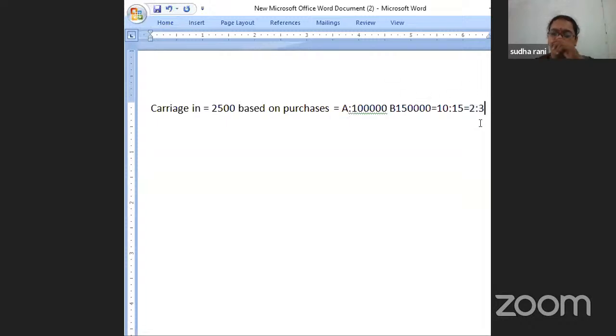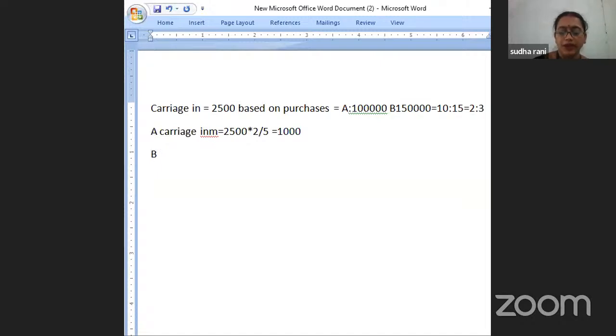That means 2/5 and 3/5. A gets 2 shares and B gets 3 shares. The total is 2 plus 3, 5. So what is A's share? A carriage equals 2,500 into 2/5. How much do you get? 500 into 2, that is 1,000. Okay.